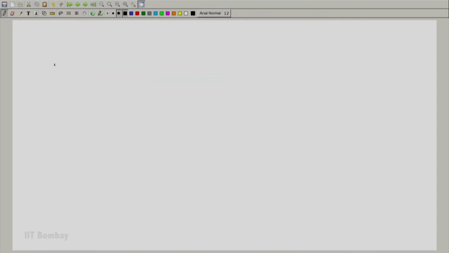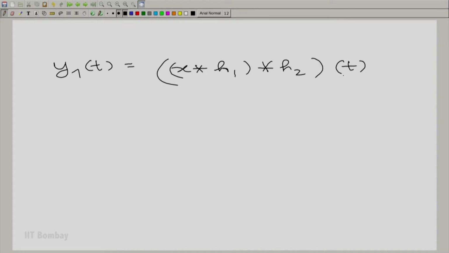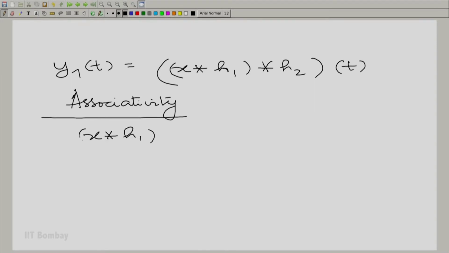So, y1 of t is clearly x convolved with H1 first and then convolved with H2, evaluated at t. And we now invoke associativity. That tells us that x convolved with H1, and then convolved with H2, is the same as x convolved with H1 convolved with H2, with the latter convolution done first.